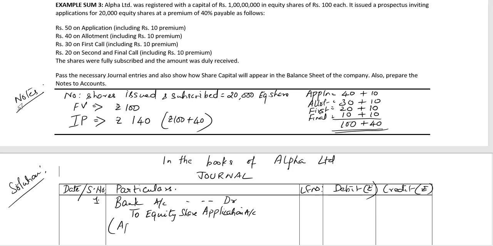Narration: application money received on 20,000 shares at the rate of rupees 50 per share. We have 10 lakh rupees as application money received.